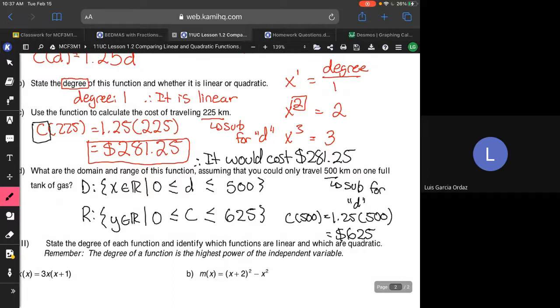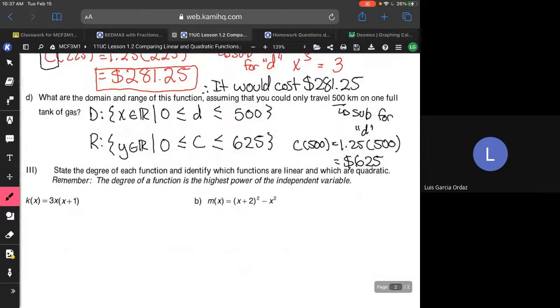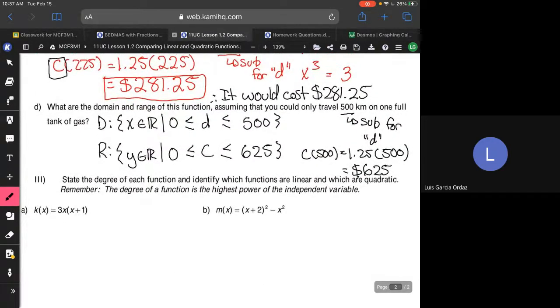I think we have one more question. So the last example is: state the degree of the function and identify which one is linear and quadratic. So the degree of the function is the highest exponent in the function. You're not going to add all of the exponents. It is the highest exponent in that expression.